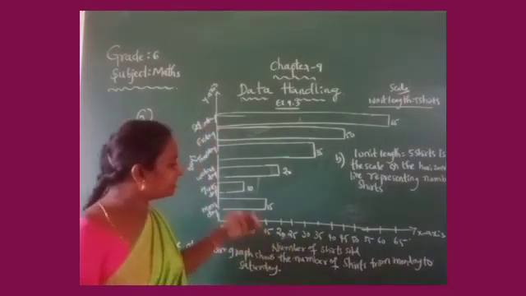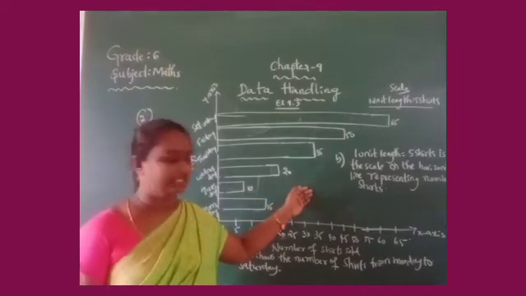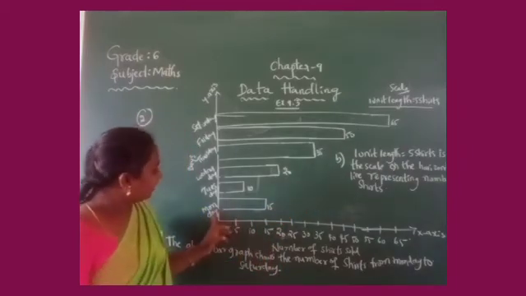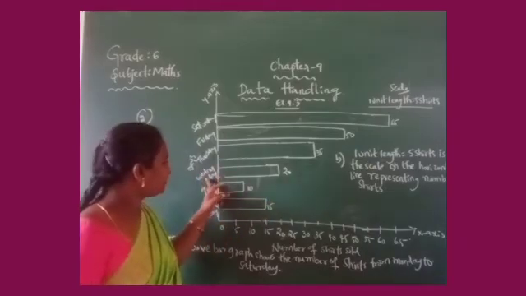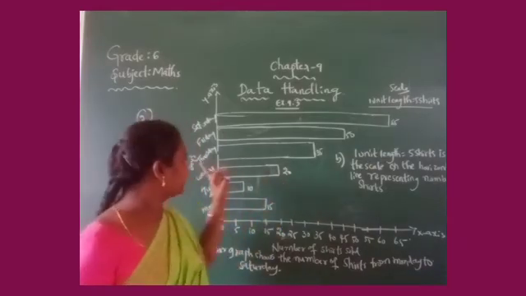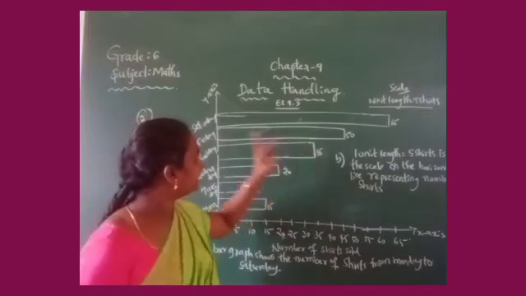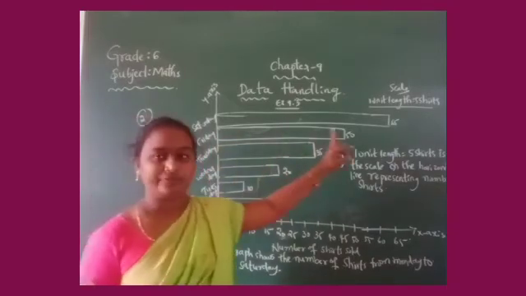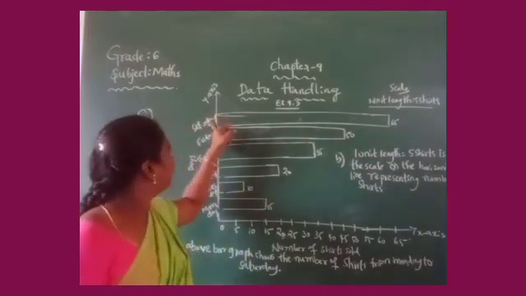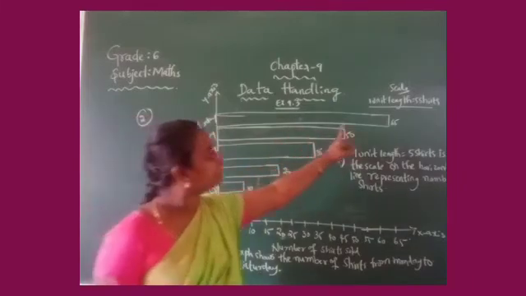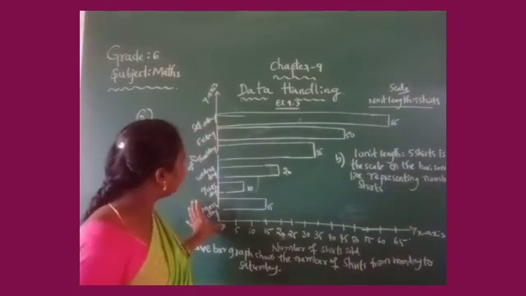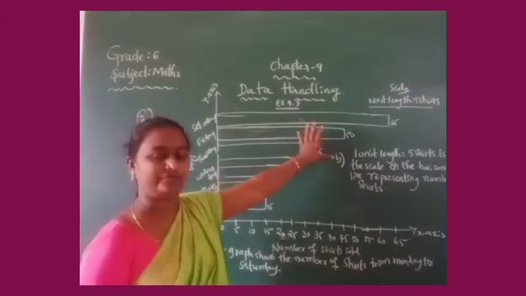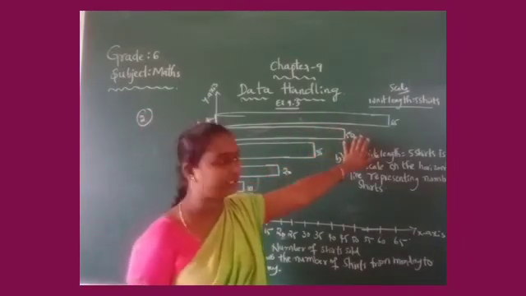Observe: Monday 15 shirts, Tuesday 10, Wednesday 20, Thursday 35, Friday 50, but Saturday 65 shirts sold. Comparing to the remaining days, Saturday sold more shirts.